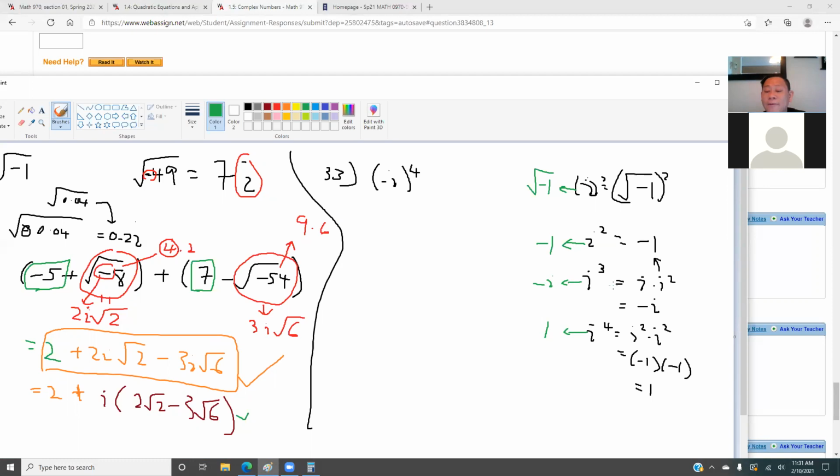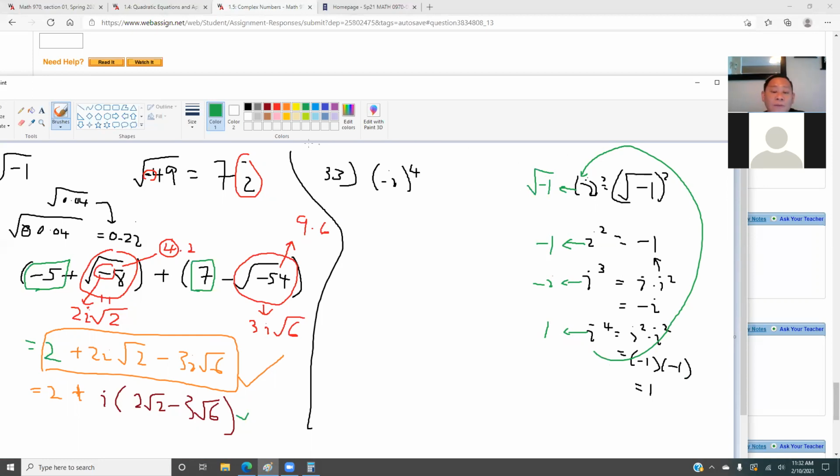And what happens to i to the 5? You have to rotate back. So i to the 5 will be the square root of negative 1, i to the 6 will be negative 1, i to the 7 will be negative i, and i to the 8 will be 1. And then you repeat. It's like a loop.